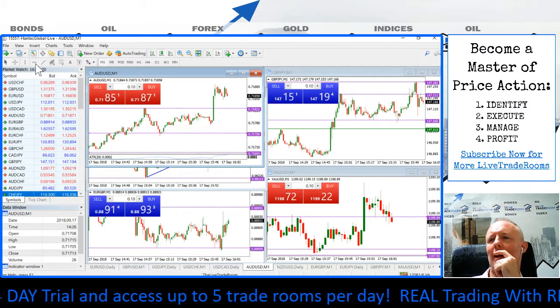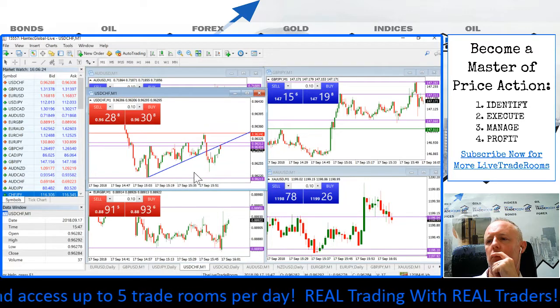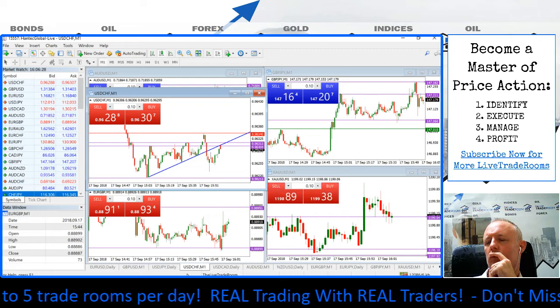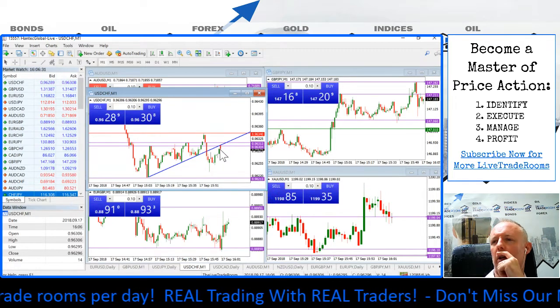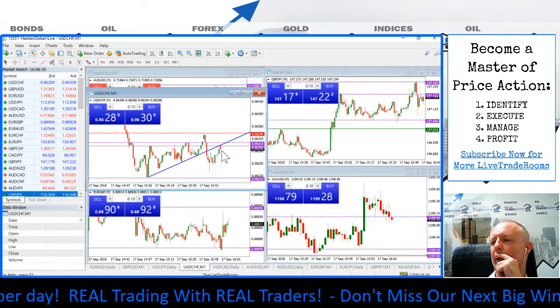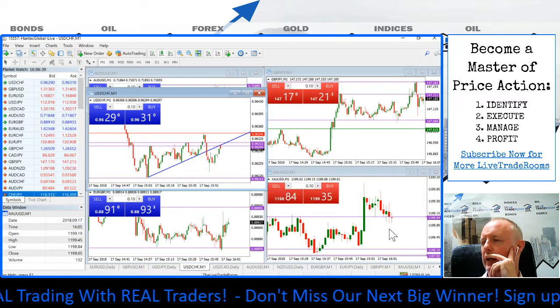There's a double top now in the Aussie. The dollar Swiss has just gapped to the upside and sold off a little bit. And the gold is currently now below the 11.99.